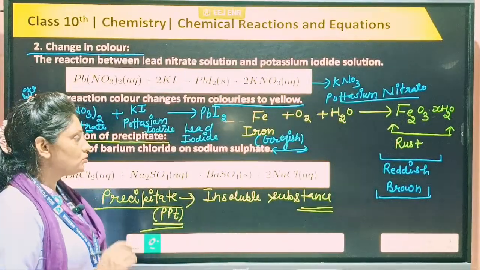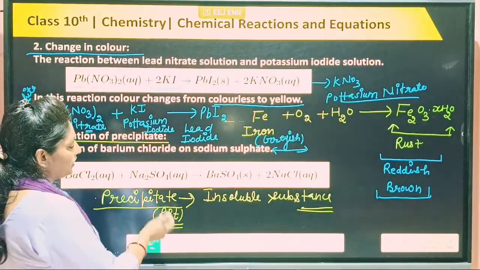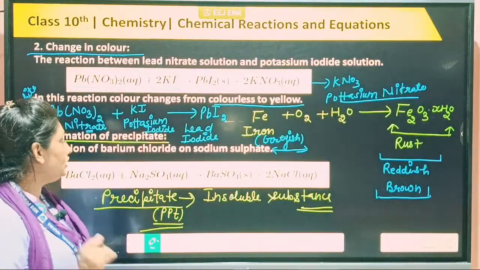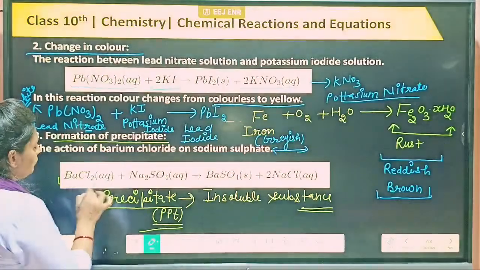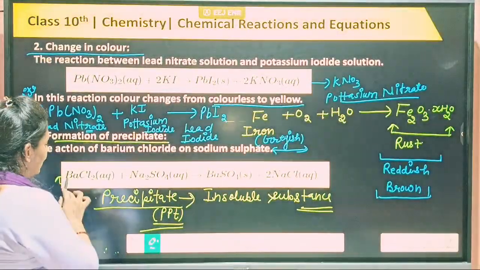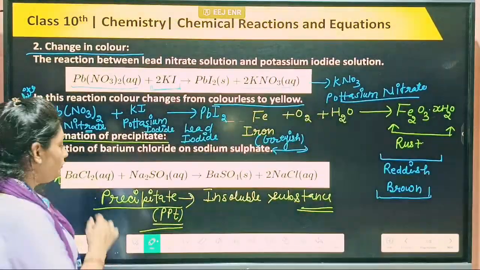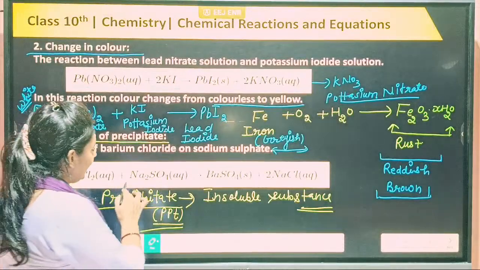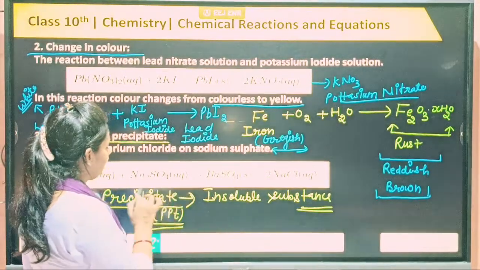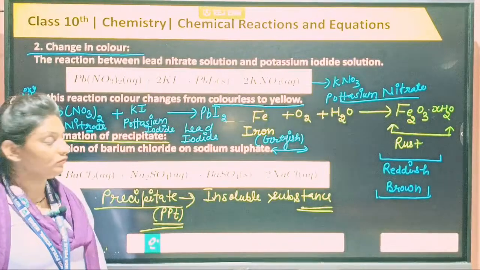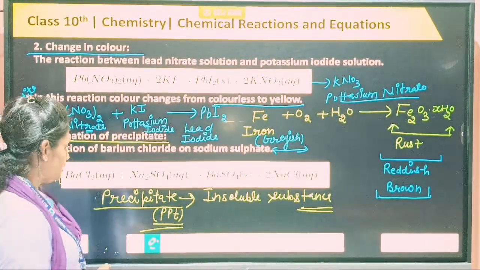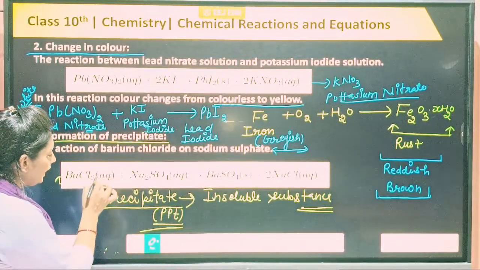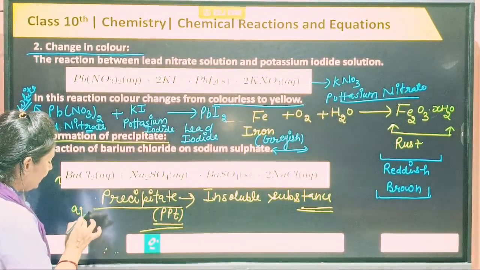Okay students, so sometimes precipitate can also be formed during a chemical reaction, like if we have BaCl2, barium chloride, and Na2SO4, sodium sulfate. Here I have written aq. What do you mean by aq?